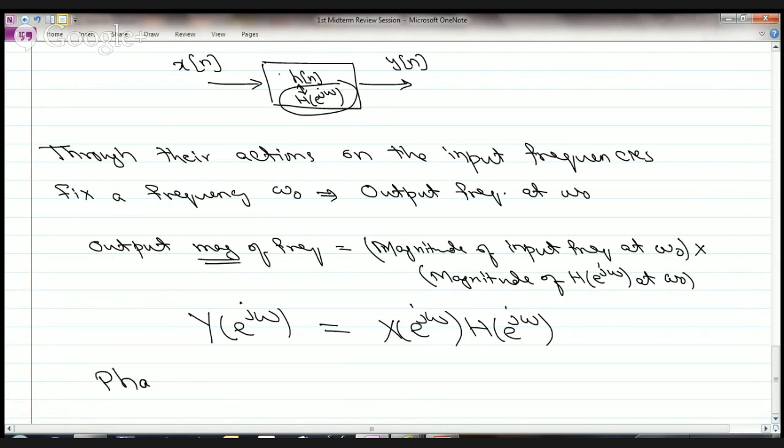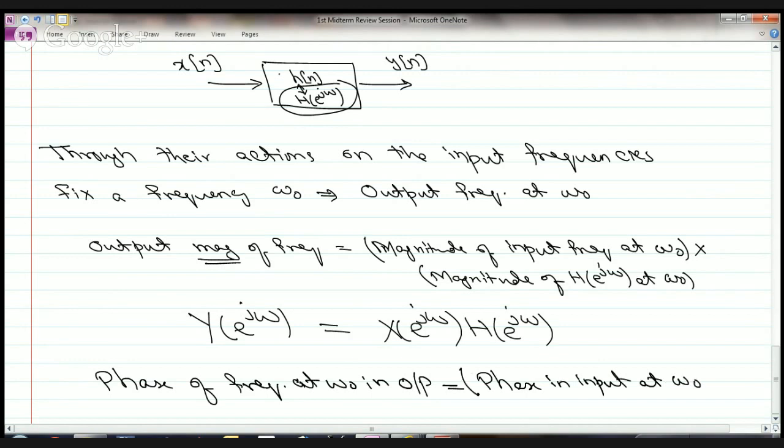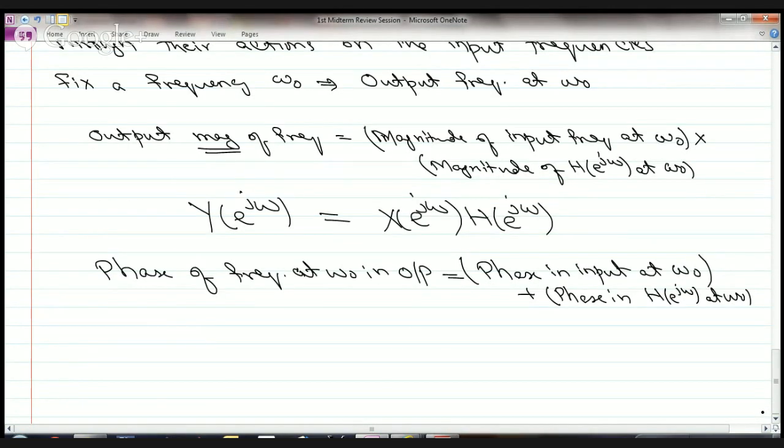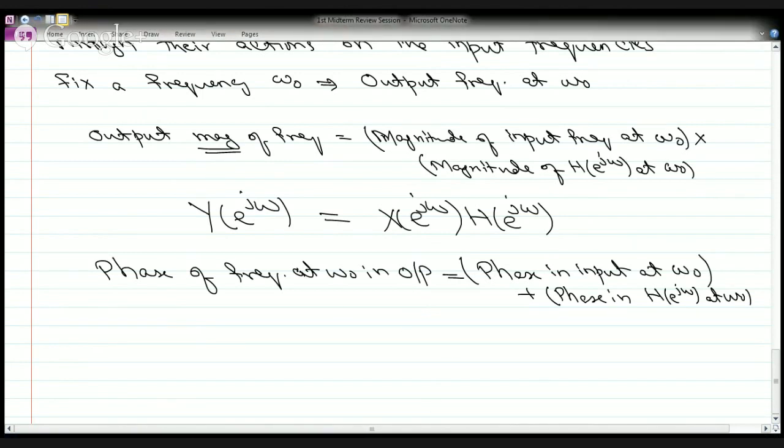The phase of frequency at omega naught in the output is equal to the phase in input at omega naught, plus the phase in H(e^{j omega}) at omega naught. So that is what this question is really about. Do you understand the input-output relation of the LTI systems?